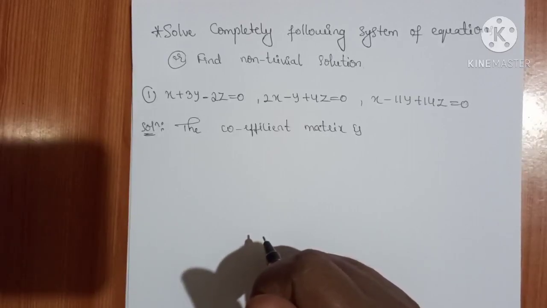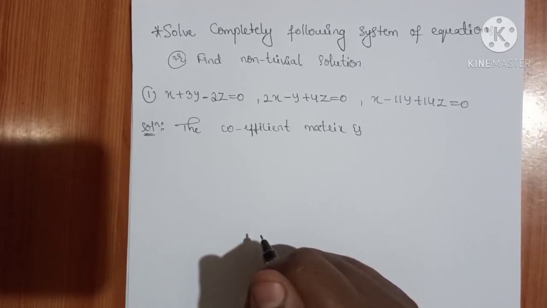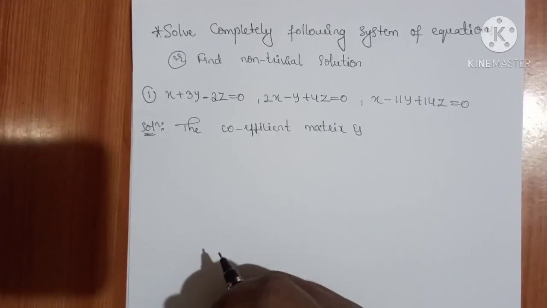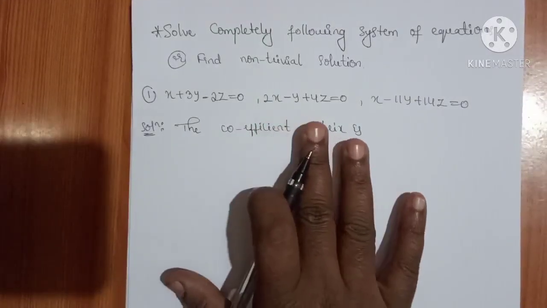Then if the rank of A is less than n, that is, the number of unknowns, then we say that the system of equations has a non-trivial solution. Then in order to get the solution, we rewrite the given system of equations by using the equivalent matrix, then we solve the given system. Step by step I will explain by this example.